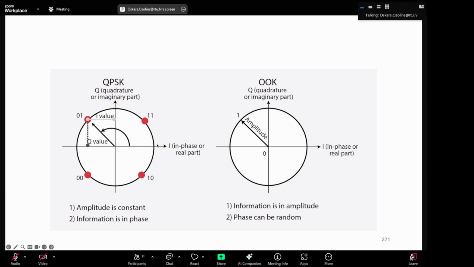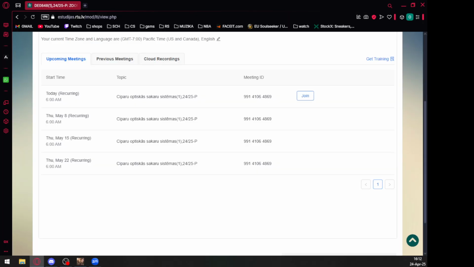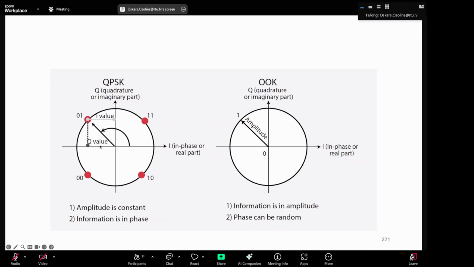Of course, you can have QPSK, you can have 8 PSK, and you can have also 2 PSK. There are different ways, depends on how many phase values you look. And for example, for on-off keying, all the information is in amplitude, and then the phase there can be random.